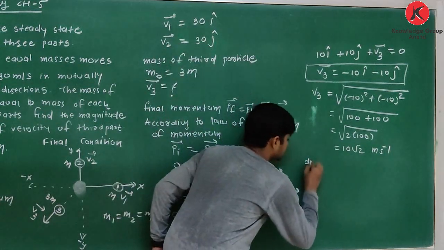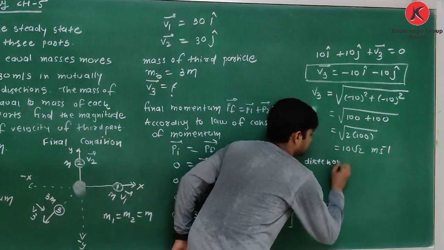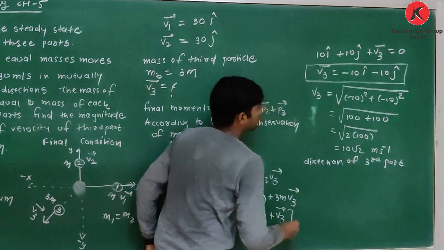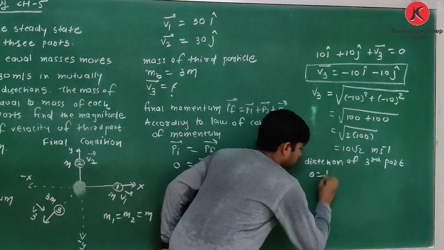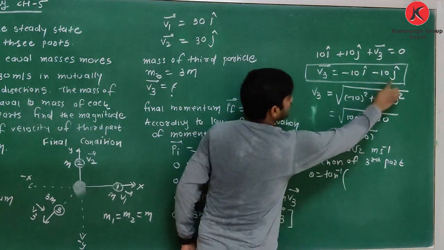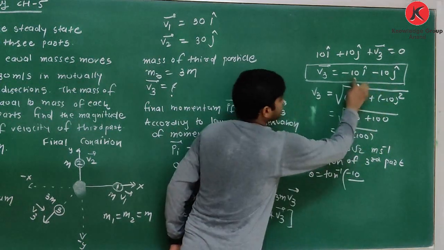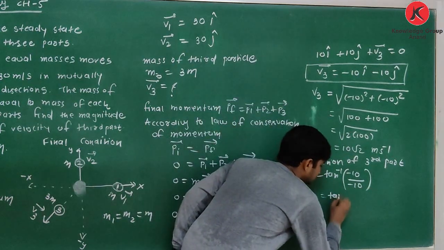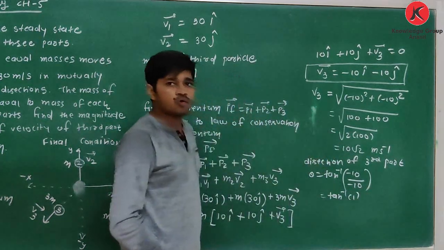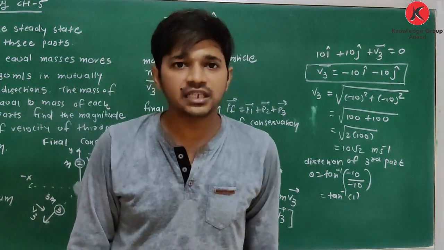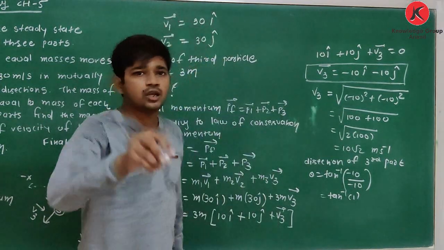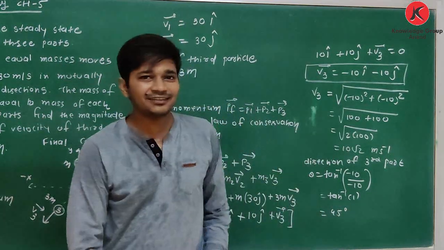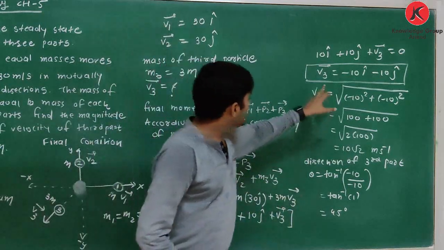Direction of the third part: theta is equal to tan inverse of Y component, minus 10, upon X component, minus 10. So it is tan inverse 1. And you know, for angle theta equal to 45 degree, the value of tan is 1. So it is 45 degree. But 45 degree with what?